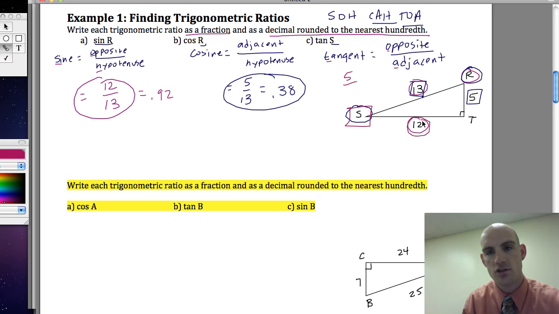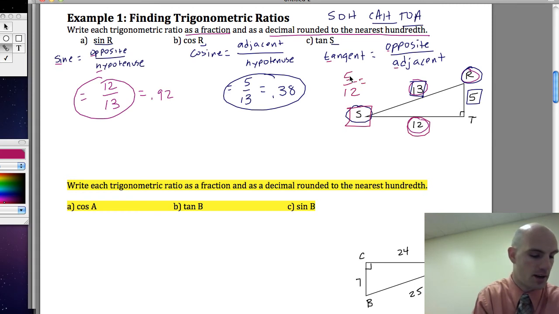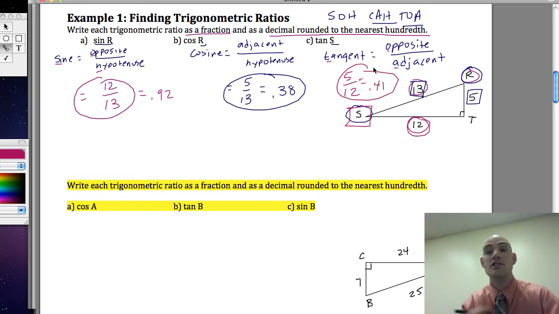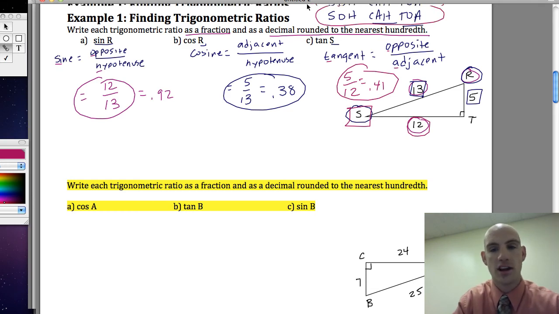The adjacent is 12 because it can't be the hypotenuse. So 5 over 12, so 5 divided by 12 is equal to 0.41. Okay? That's all there is to it. So all it is a matching game, and knowing SOHCAHTOA is going to help us figure out which one is which. Okay? So I'd like you to try this next one.